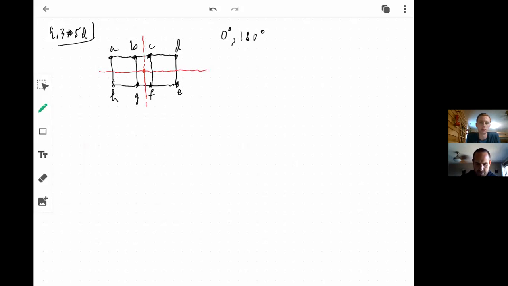Those are the four symmetries that they say. But of course, 90-degree rotation doesn't work here because it's rectangular and not square. What others were you wanting to do?